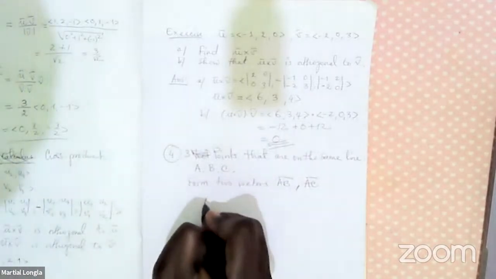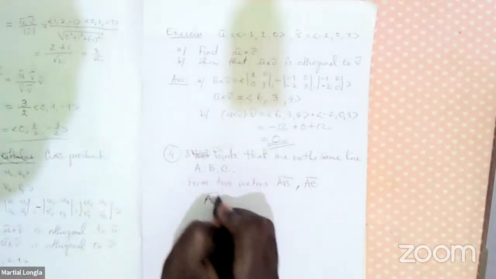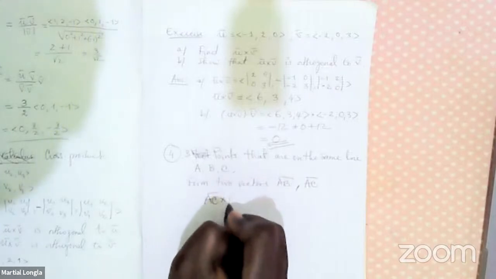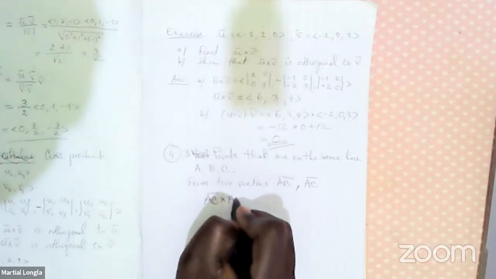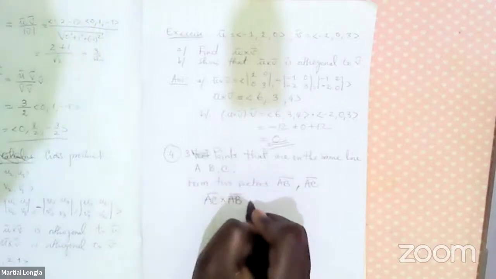You could form any 2 vectors. If you form those vectors and you find out that AC cross product with AB is equal to the vector 0, then that means that the 3 points are on the same line.